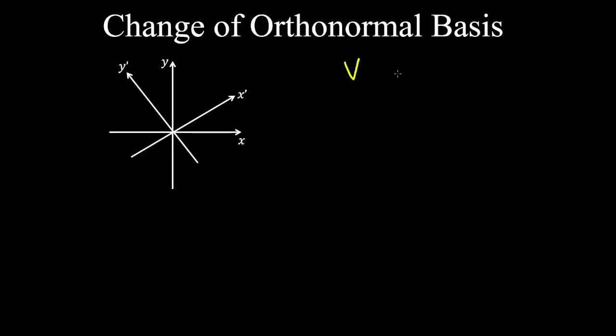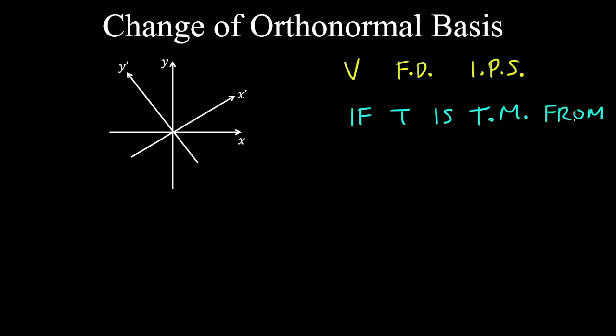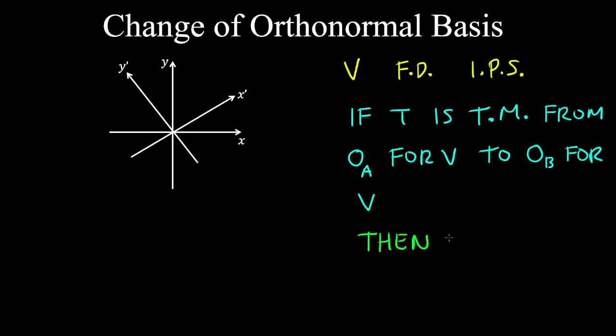Suppose V is a finite dimensional inner product space. So if T is the transition matrix from one orthonormal basis, which we'll call OA for V, to another orthonormal basis for V, then T is an orthogonal matrix.